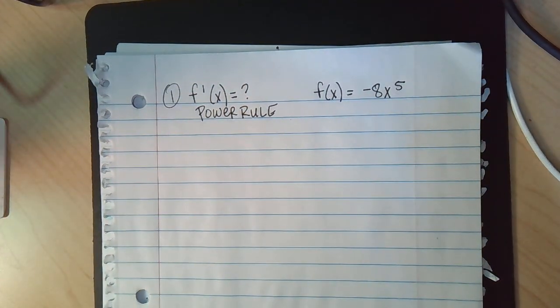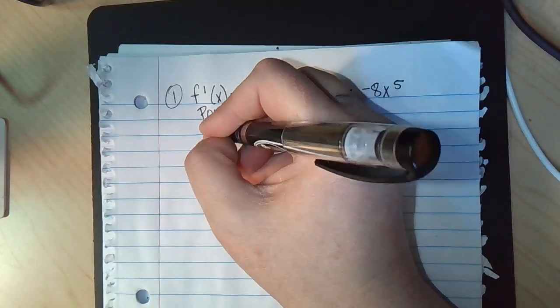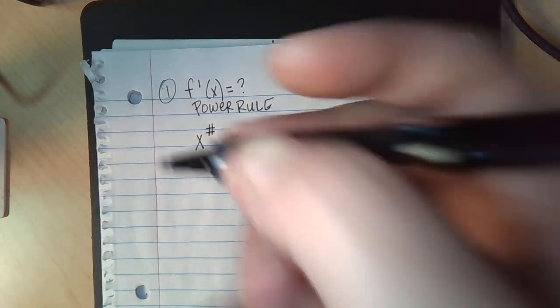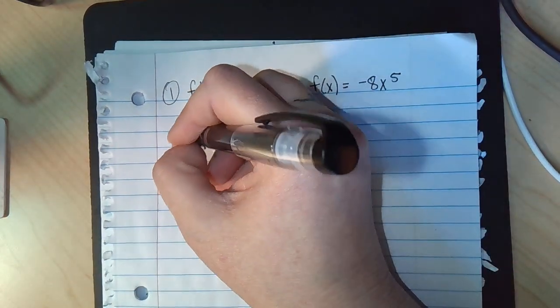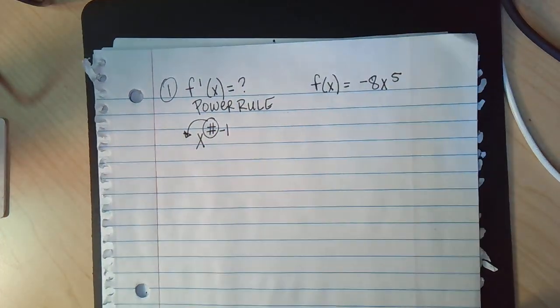The power rule says that if you have x to some number, to take the derivative of that, you take that number and multiply it in front, then you subtract 1 from the exponent.